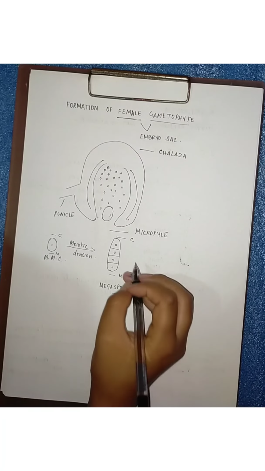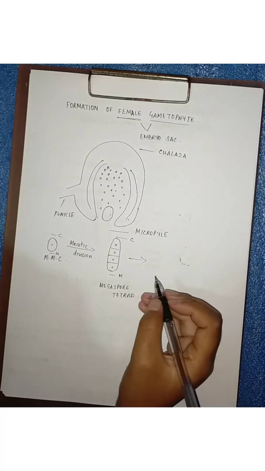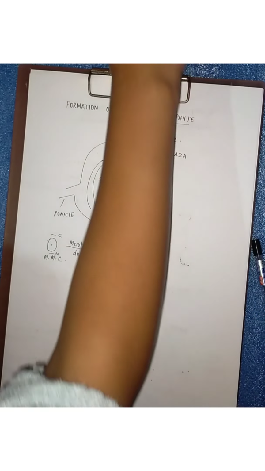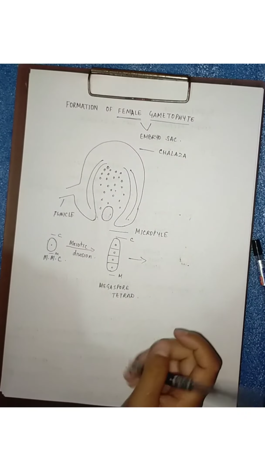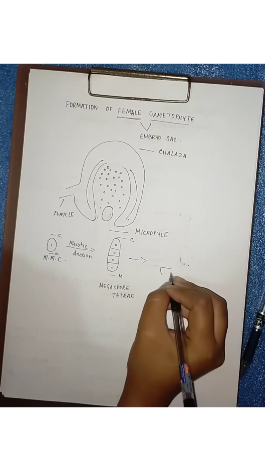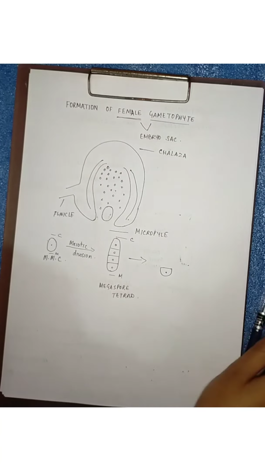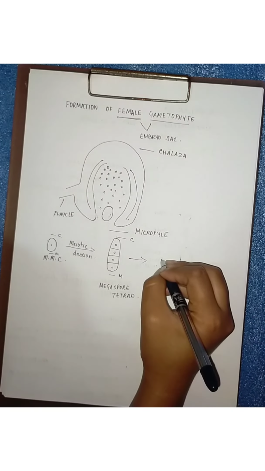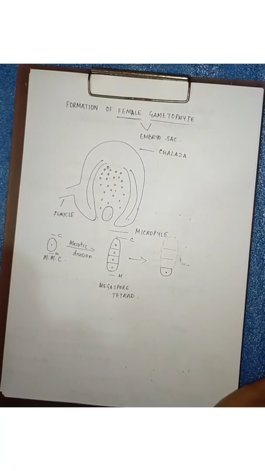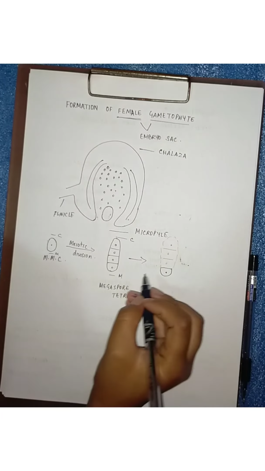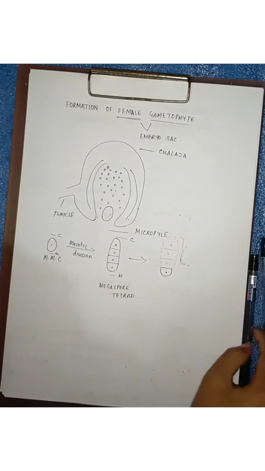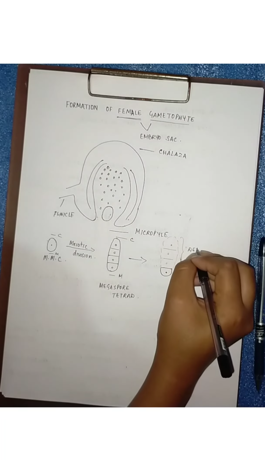This megaspore tetrad, after some time, only one cell survives. So this is the only one cell that survives. These three cells get degenerated.